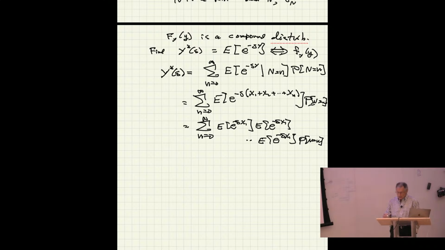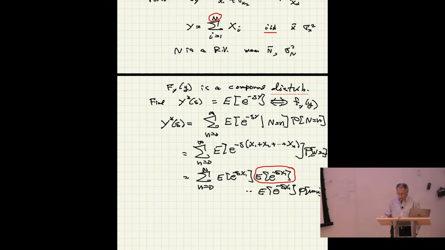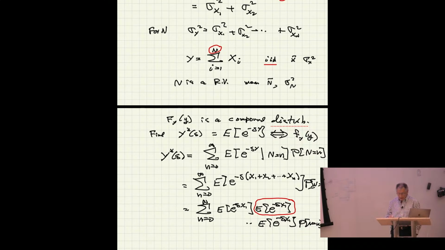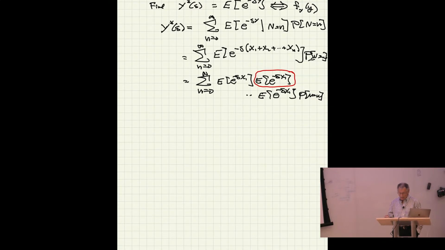Now, what is each of these guys? Remember, each of the x's I've added together is a set of identically distributed independent random variables. Each of those has a transform. What would be the transform of xi? e to the minus sxi. Well, here it is, the expectation of e to the minus sxi. So that, in fact, is x star of s.